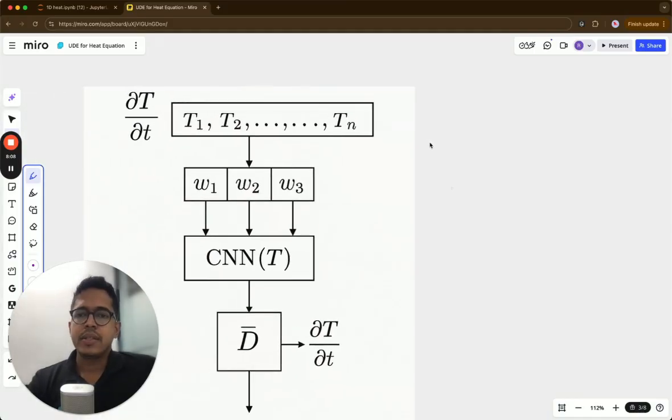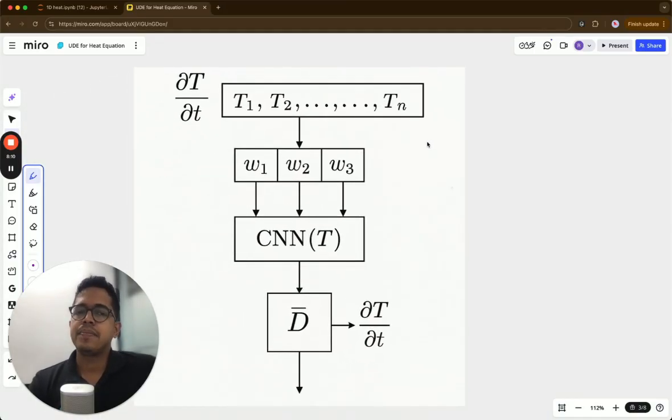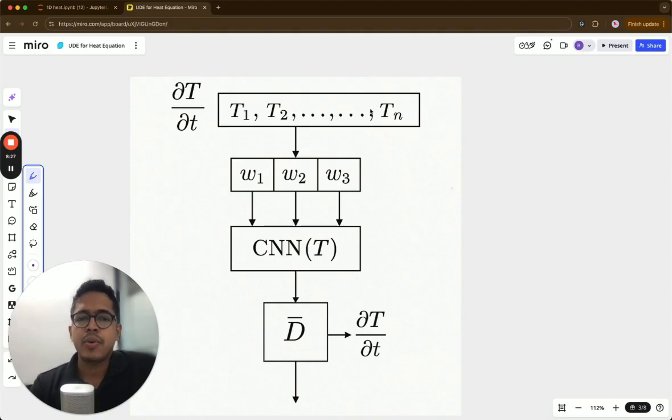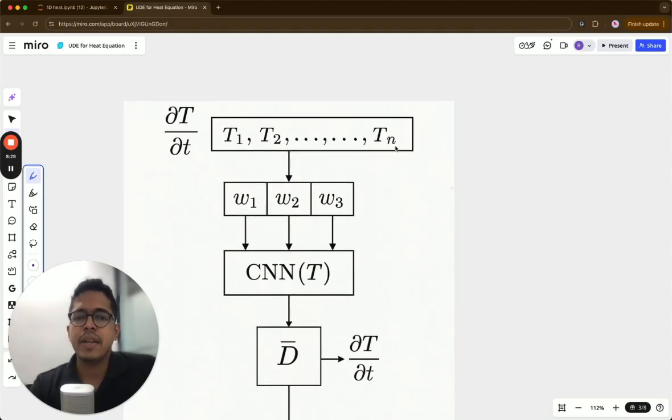Then what you do is, provided a set of initial temperatures, which serve as your starting point for temperatures, you use random weights W1, W2, W3 as the stencil. Then you apply these weights over T1, T2, T3. What is this 1, 2, 3 up to N?